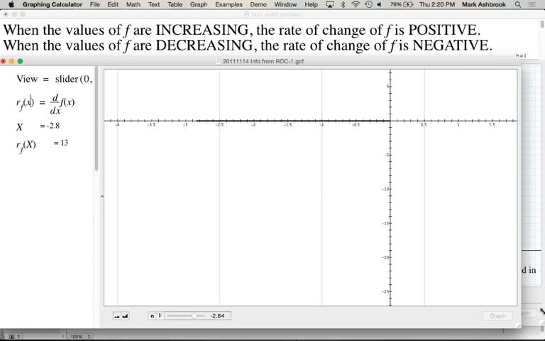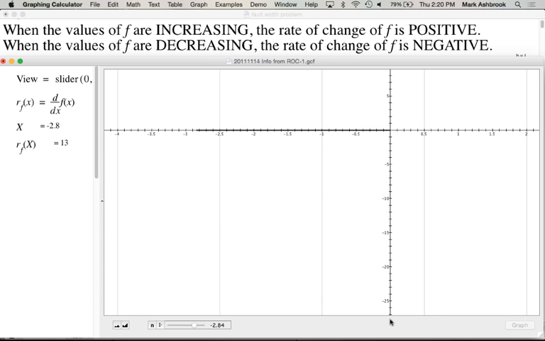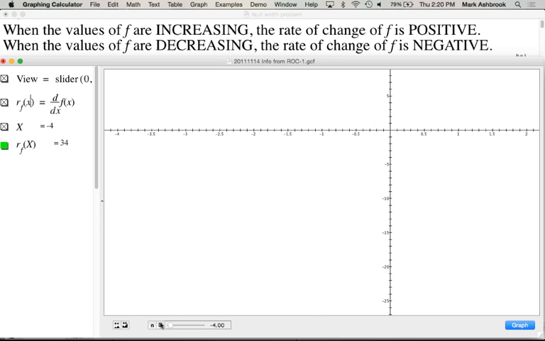Okay, here we go. So you don't know what the function is, but the information that you do have is that as x changes from -4 to -2.5, I'm showing values of rate of change, the r sub f of x.